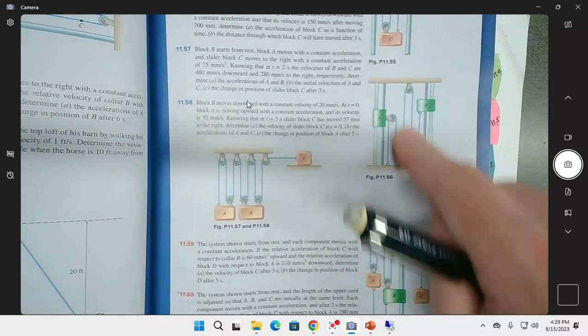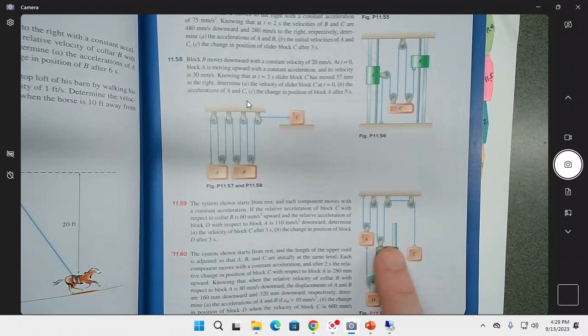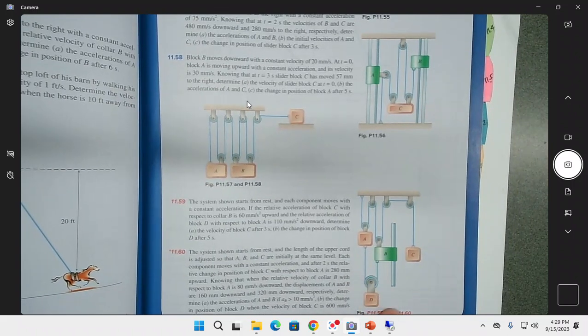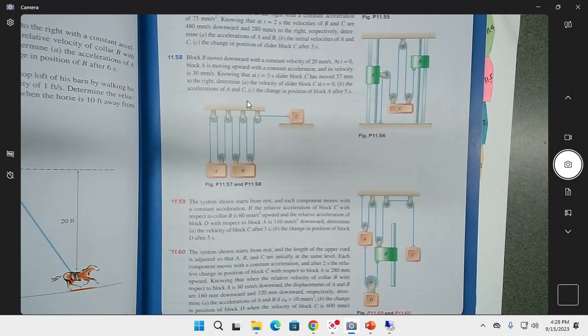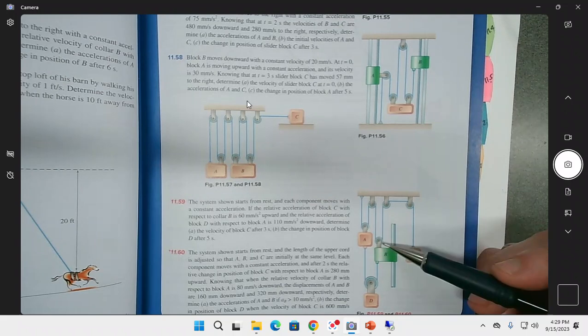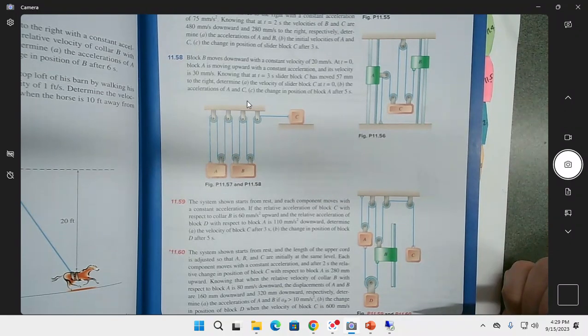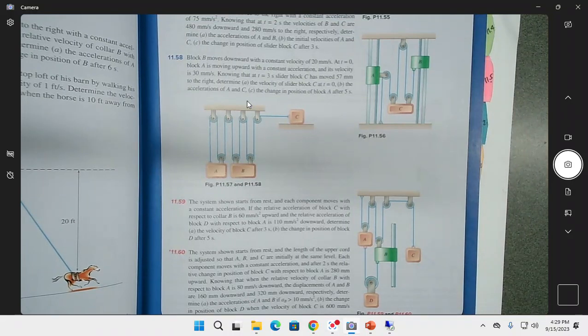We got these over here, over there. This used to be a homework problem. Because it has two ropes. It's got 1, 2, 3, 4 degrees of freedom, and I think it has a relative motion part of it.